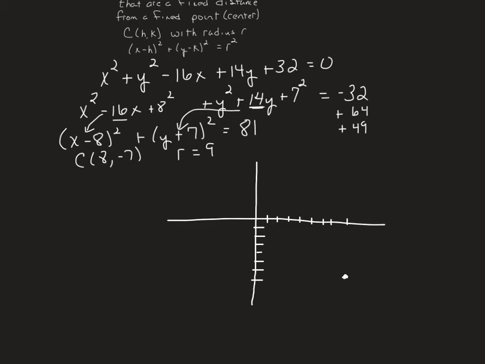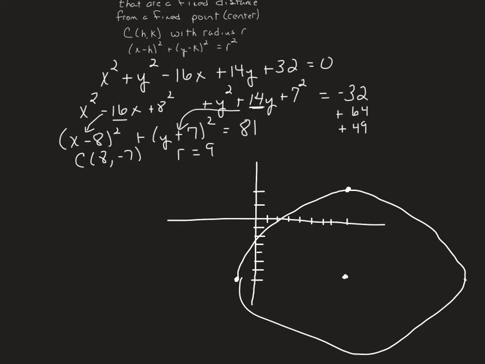Here's my center, and my radius would be here. This is negative 7, so if I have a radius of 9, I'm going to go up, and I would count over 9 here and count down 9, which I'm not going to have enough room for, but you could draw a circle. If I was doing this on a piece of paper, I have a circle maker that looks more like an ellipse than a circle, but we'll pretend that's a circle with radius 9. This is 9 all the way, even though it doesn't look right. My circle making skills on the iPad are not good, but we got the center and we got the radius.